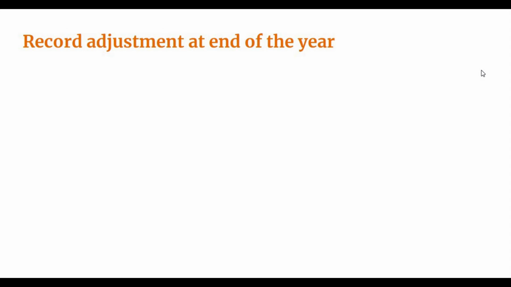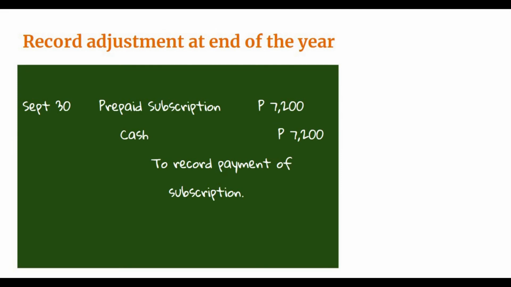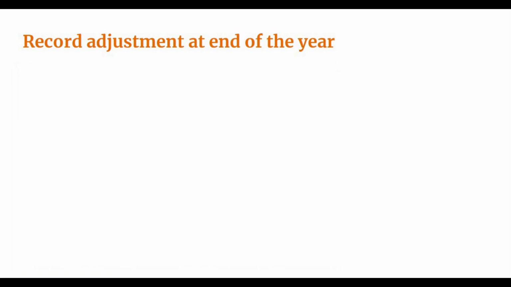So at the end of the year, we go back to the asset method first. So if, for example, you debited prepaid subscription, we also have to take note that you will be crediting it this time. Your asset decreases because you have used it. So December 31, you create an account which is subscription expense, and how much was the expense or how much has been used.